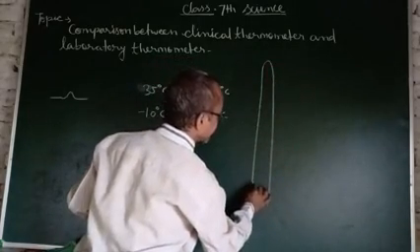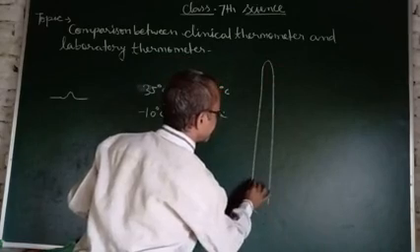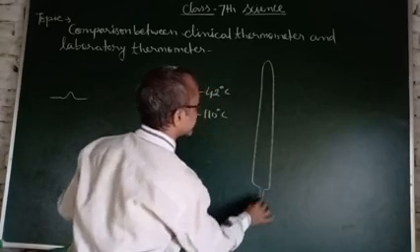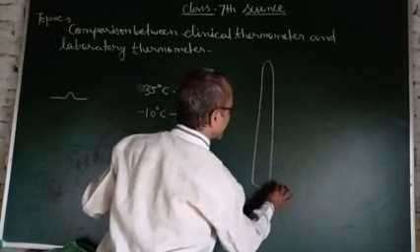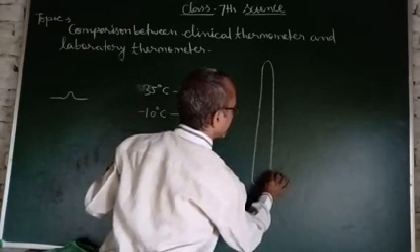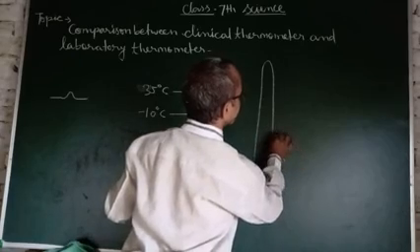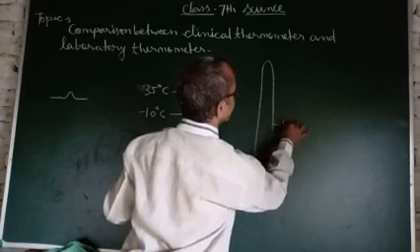you will see here, in the laboratory thermometer, the scale measures minus 10, 0, 10, 20, 30, 40.